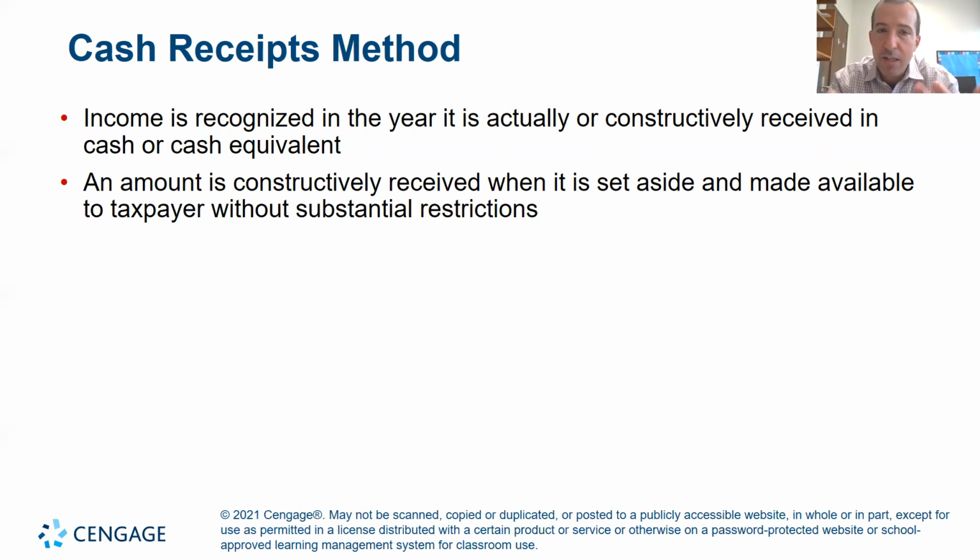Income is constructively received when it is set aside and made available. This is often for businesses. So if a business receives a check dated December 15th for $10,000, and the business is able to deposit that check, but they choose not to, that check will be considered cash because it's constructively received, meaning the business has the ability to turn that check into cash.